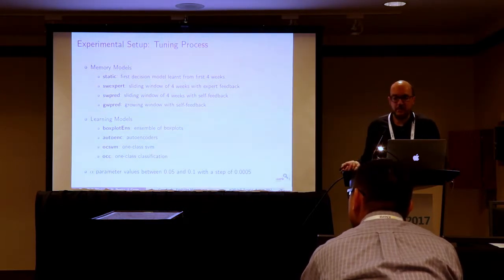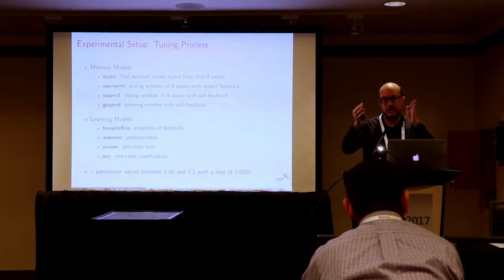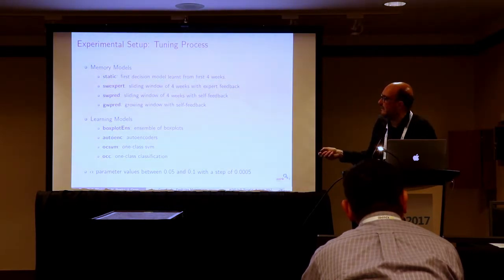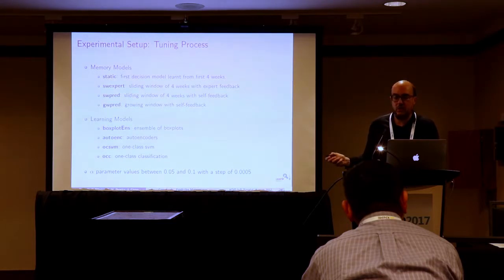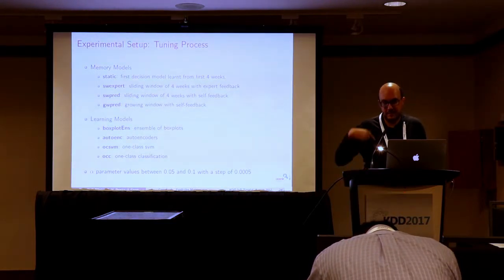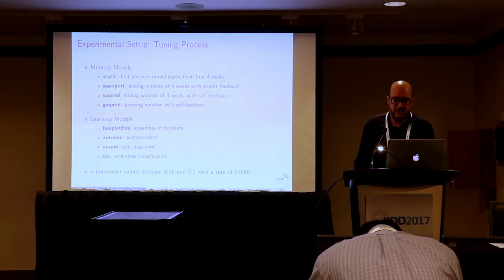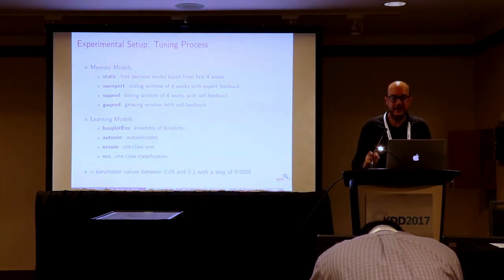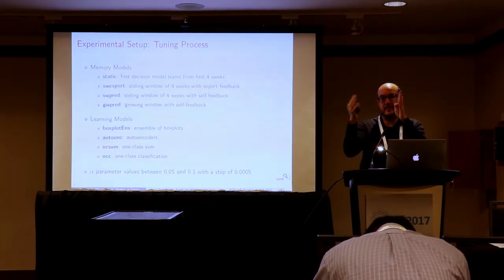The other one is that we use a sliding window, and in this sliding window we move the window, but then we can add the information with expert feedback or with self-feedback. Self-feedback means feedback from the same system. Or we have this growing window, which is not removing anything from the past.